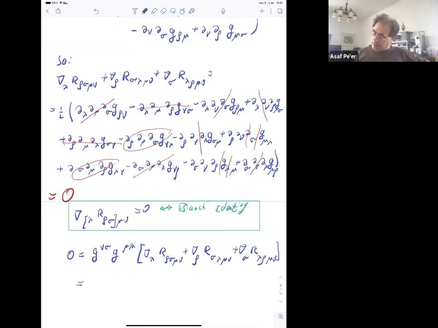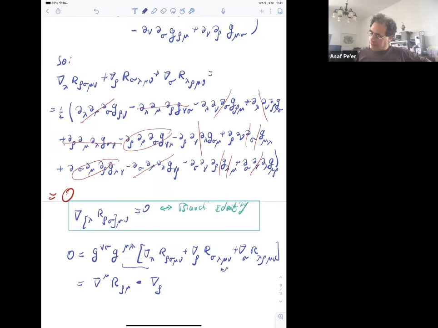Then we have here ∇_μ, the first one, where μ and σ are contracted, and I use the symmetric part of R, so I have ∇^μ R_{ρμ}. With the second term, I have a minus ∇_ρ, and here I have R_{νσ}. I can switch them and then contract.